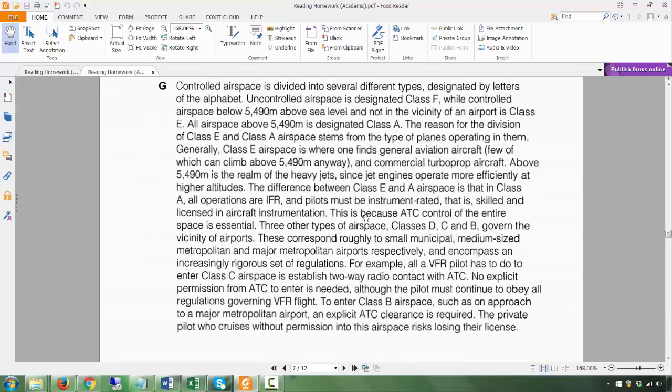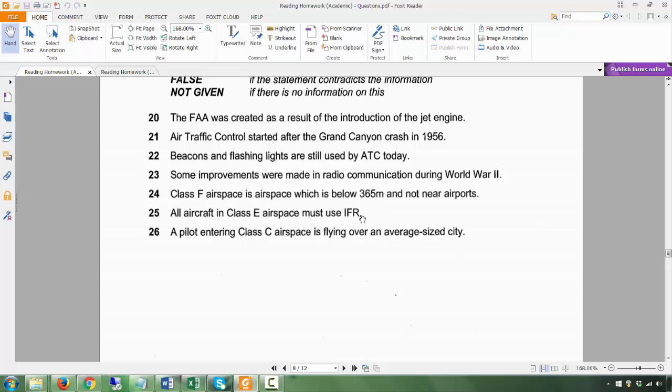Now, some students may ask, well, it doesn't say that you can't. It just says that in Class A, you need to use IFR. It doesn't say that in Class E, you don't need to use. But the sentence is about the difference. So if you're talking about the difference, then you're actually saying that in Class A, you have to use IFR, and in Class E, you don't have to use IFR.